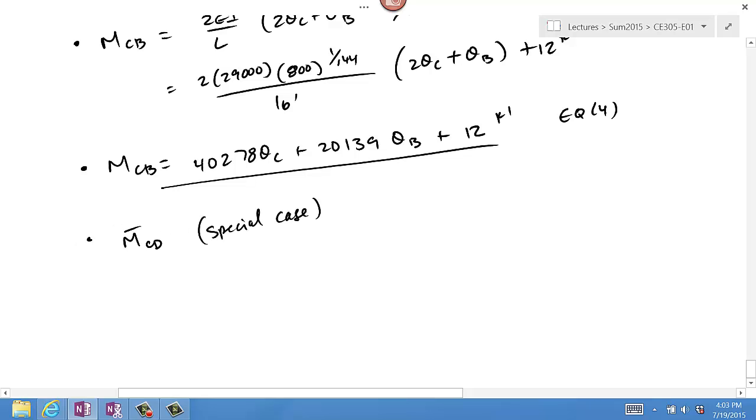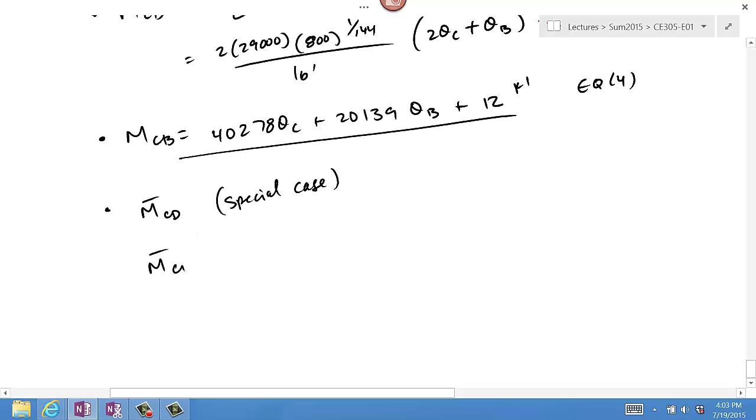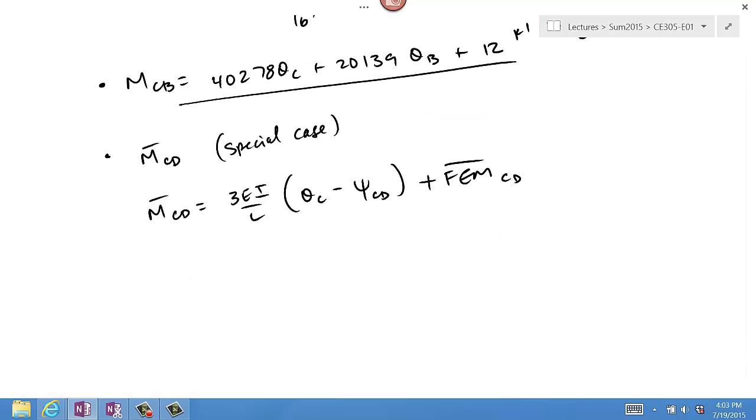M bar CD is 3EI over L theta C minus psi CD plus FEM bar CD. So psi CD is 0, FEM bar CD is 0.